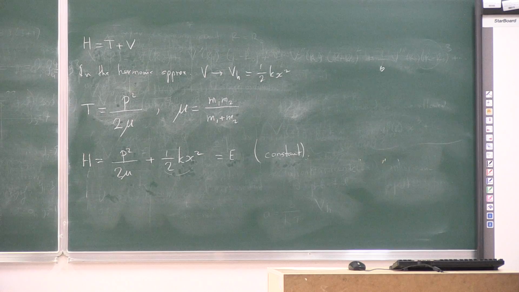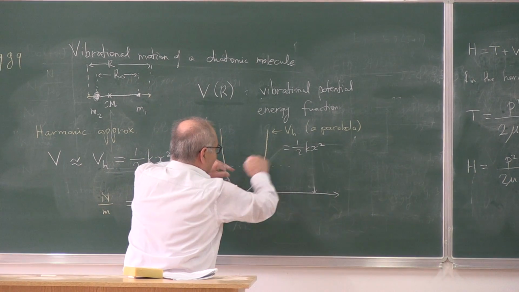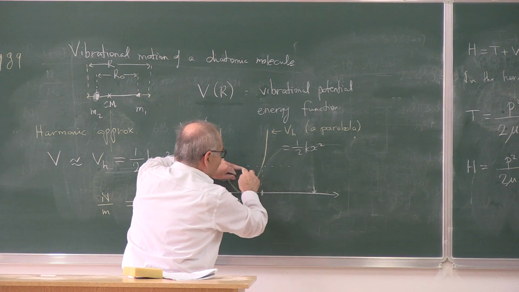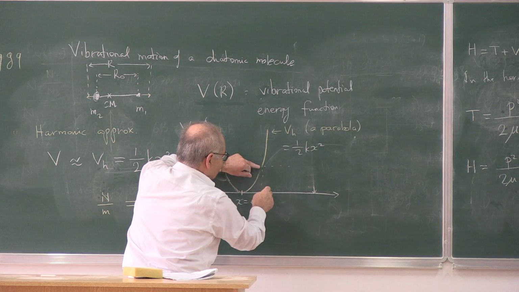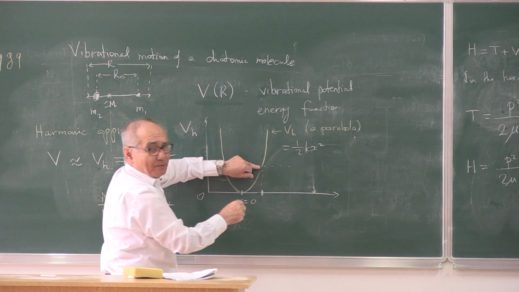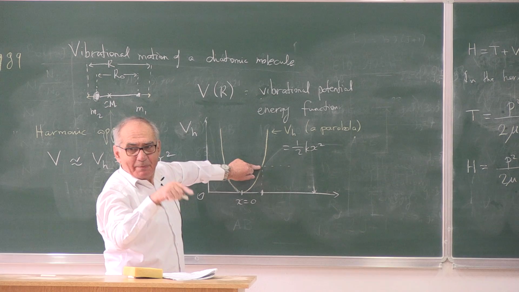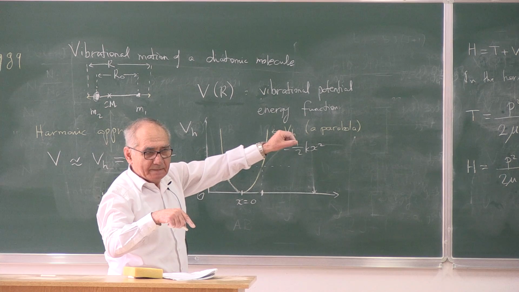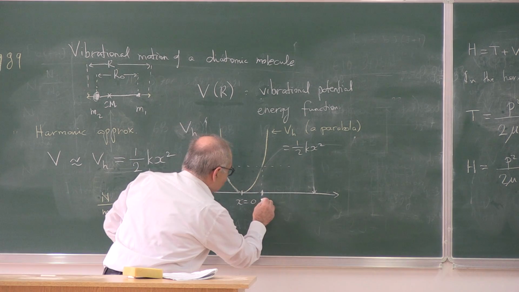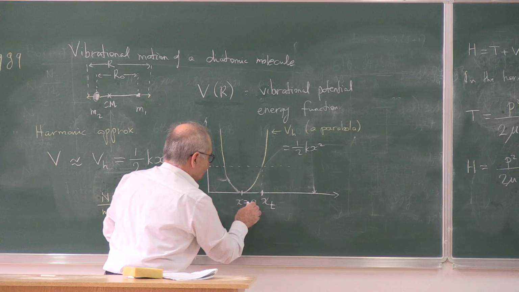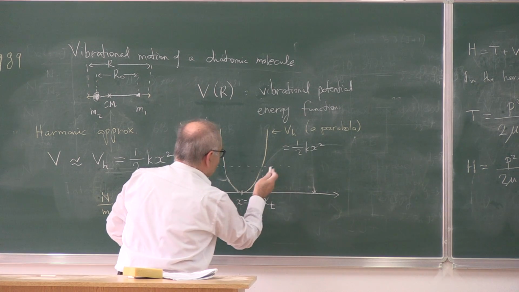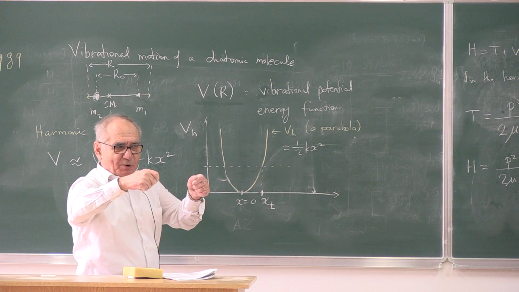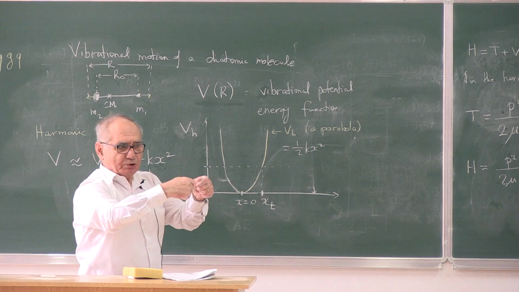So there is a motion to the right, let us say, but when it comes to this x value, the motion must stop, because kinetic energy must be 0. This is called the right turning point. Now, after it stops at this point, the motion is reversed.